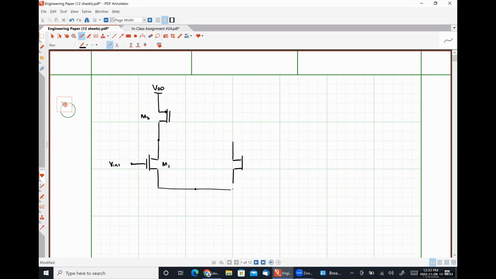Effectively mirroring this, here is M2, where we apply our second input voltage, VN2. Here is M4. I don't know why the M didn't write. And there's our output terminal.